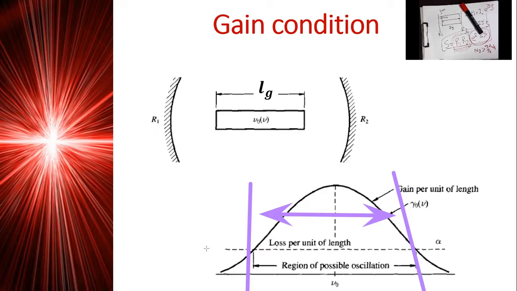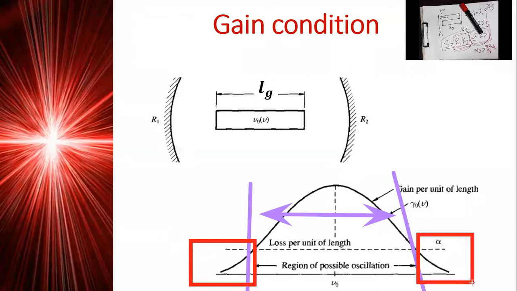But in the border ranges, here and here, you will have attenuation, not an amplification, because the condition is not sustained. So simply, not all the frequencies inside the cavity will be amplified. Only the frequencies in this purple range will be amplified. But any frequency outside this purple range will be attenuated.